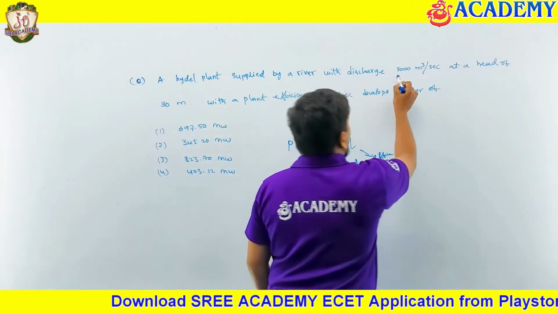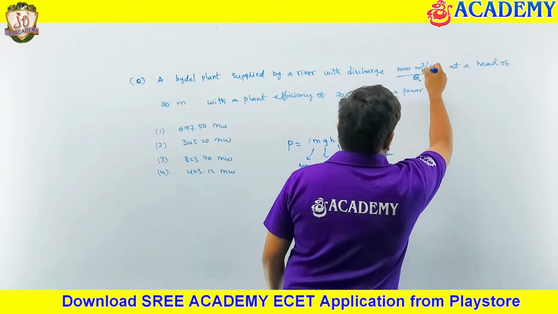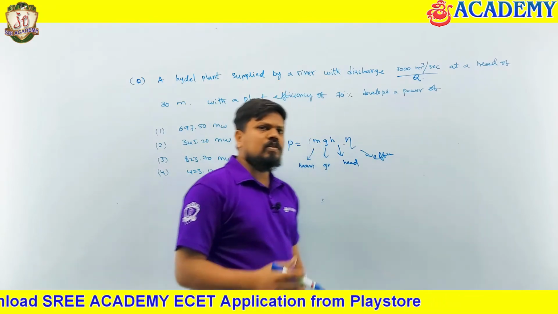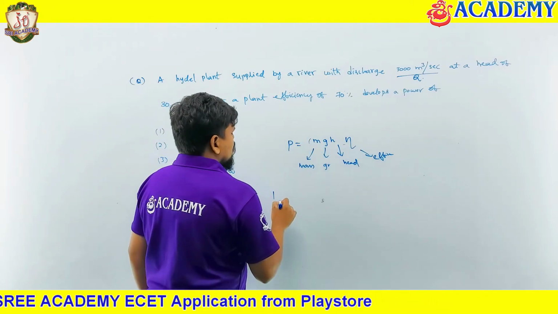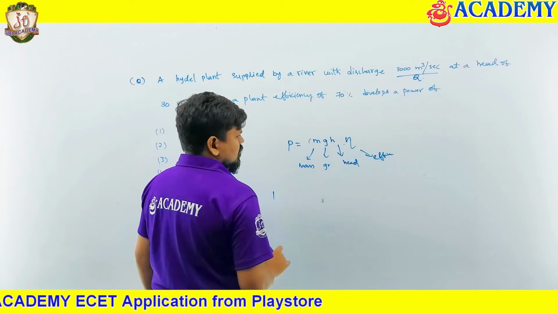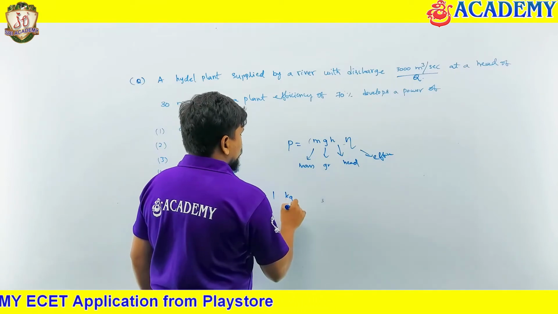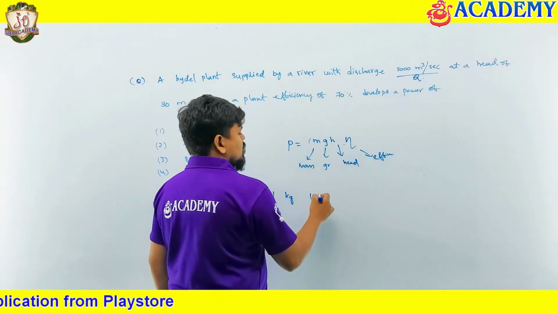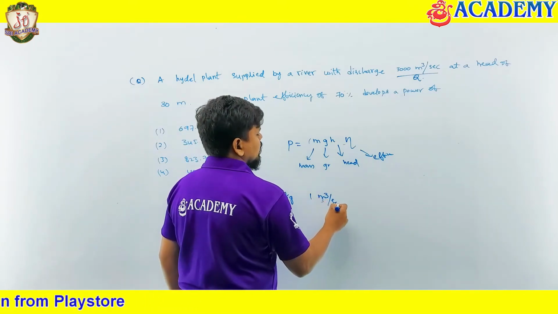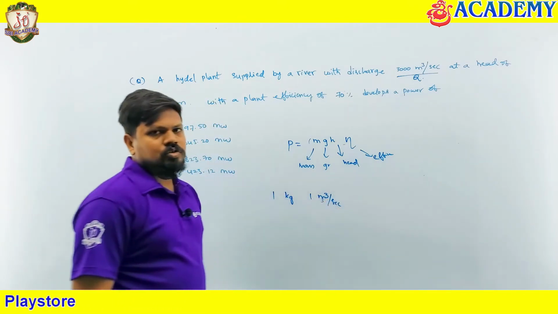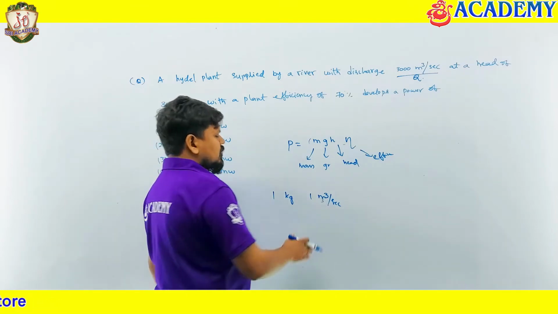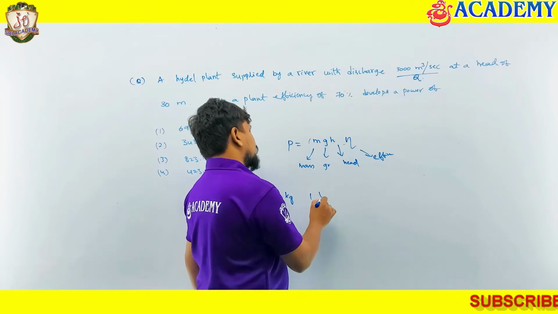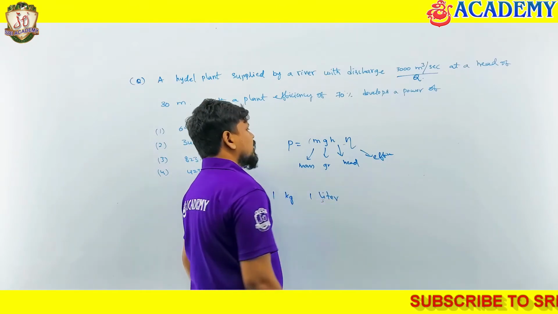So this is nothing but discharge, Q. Generally for water, 1 kg of water is nothing but 1 liter of water, so 1 meter cube per second is the consideration.